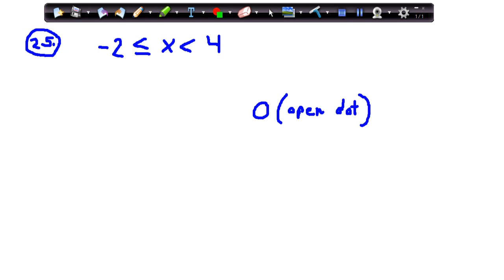Well, the open dot means the number is not included. Okay, so when you see that on the line graph, is not included.